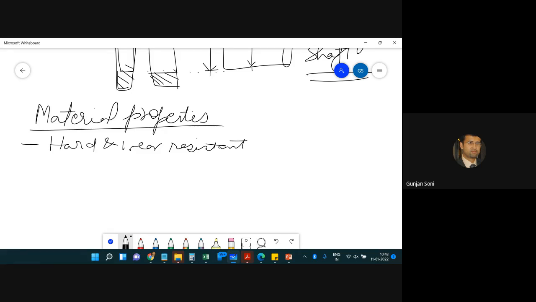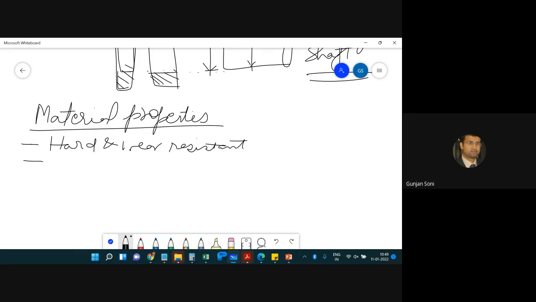Otherwise, on a given day you used a worn-out go and no go gauge, did the production and checked the size of the shafts, and because of the wear and tear you accepted the whole lot which is going to go for further production or to the consumer. It may be a big disaster also. So it should have the capability of maintaining dimensional stability and form. So we can also say that it's simply hard and wear resistant.